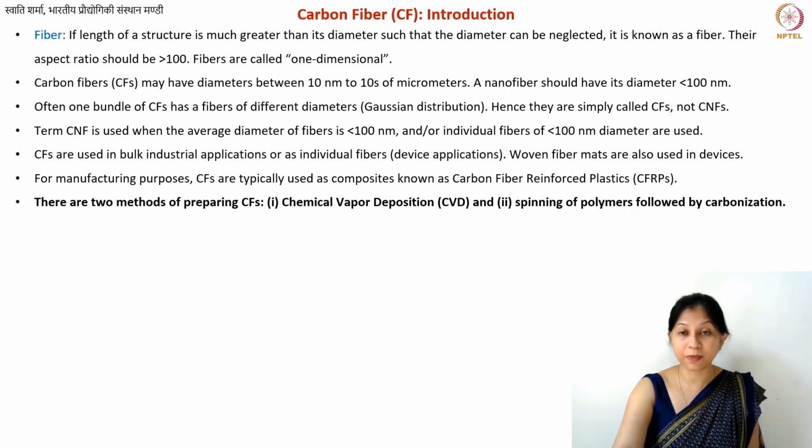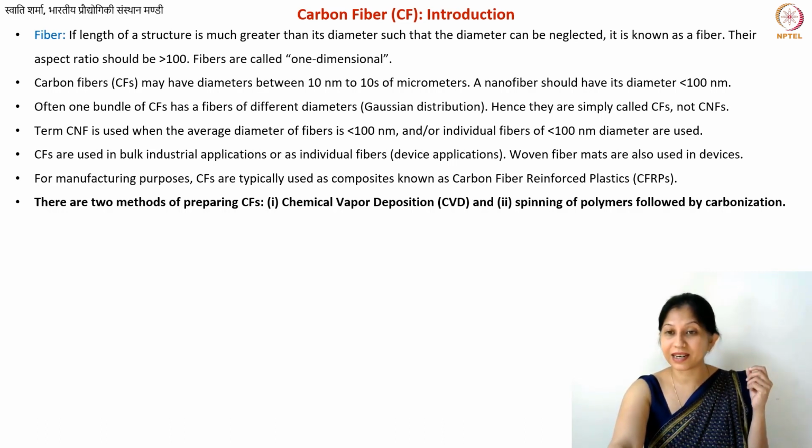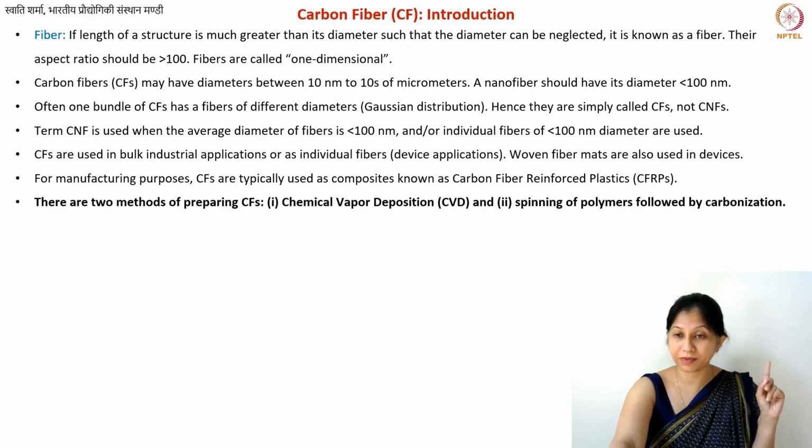Now when we make fibers using polymers or pitch, of course you need to perform the heat treatment step, and the heat treatment step remains the same as it is for other types of carbon materials. Again, depending upon the kind of crystallinity you want in your final fibers, and that would be determined by the application.